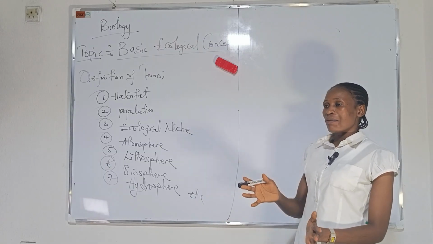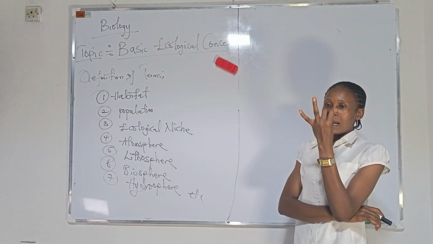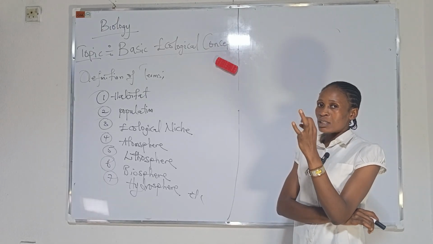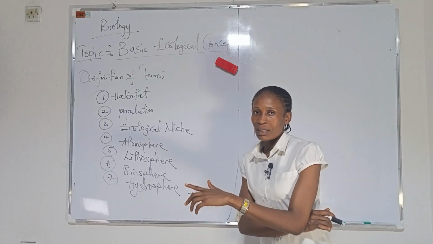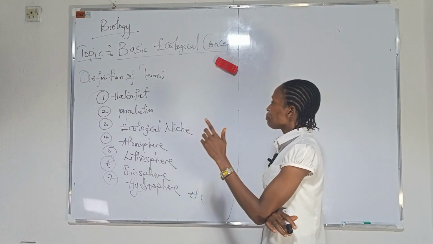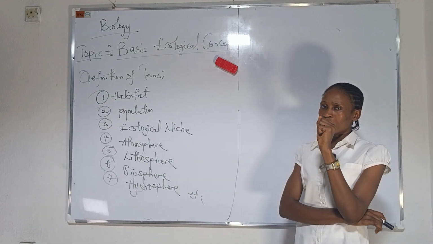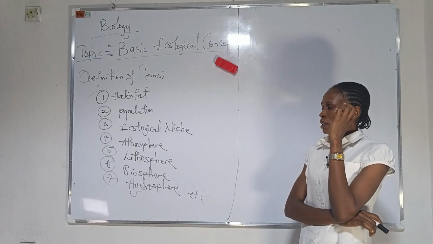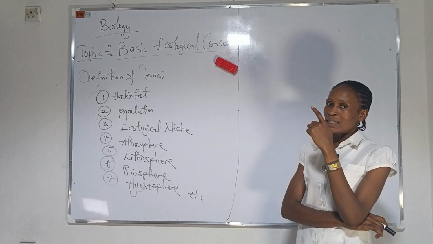Sometimes we classify or divide habitat into two main types, which is terrestrial habitats and the what? Aquatic habitats.